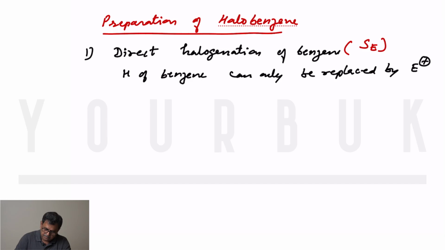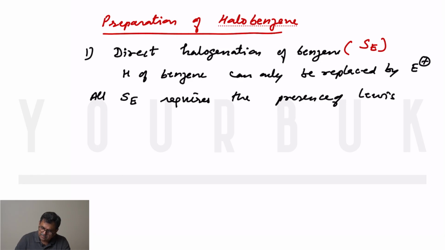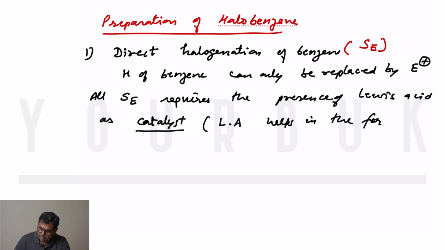Now, one more point: all these electrophilic substitutions require the presence of a Lewis acid as a catalyst. And the Lewis acid helps in the formation of the electrophile E positive.